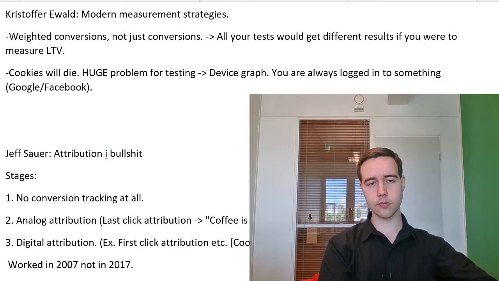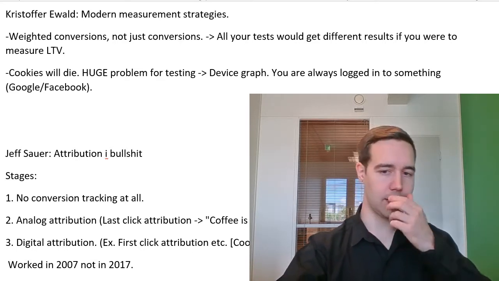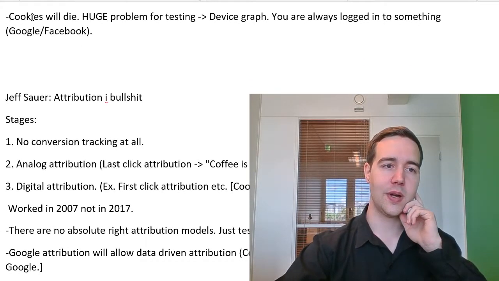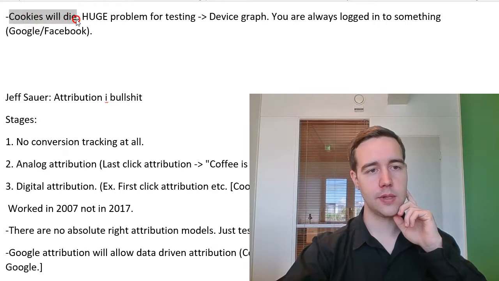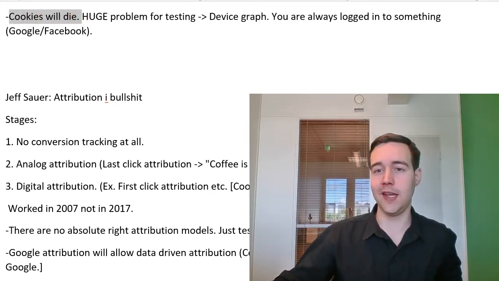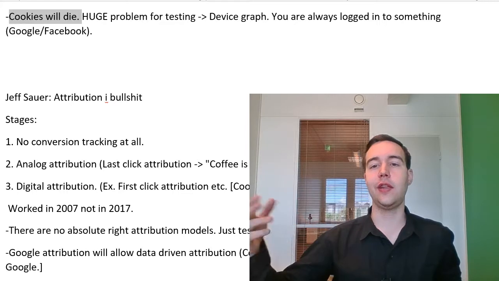Now, another thing here is that cookies are dying actually. And why is this important? Well, with a lot of A/B testing tools, or with all of them really, at this point, they use cookies. So you land on a certain variation.